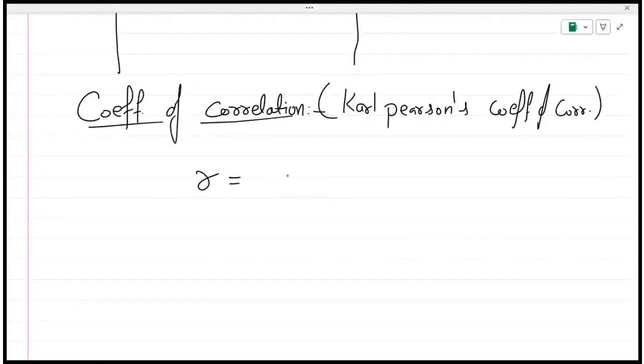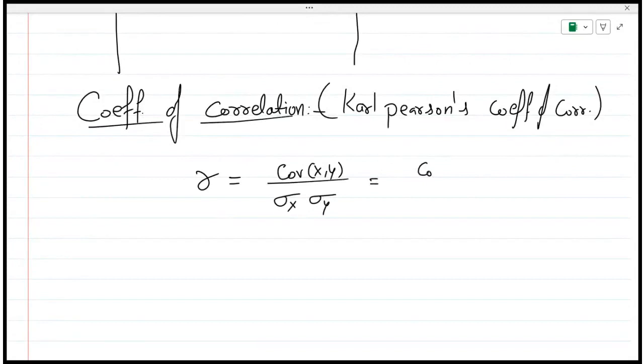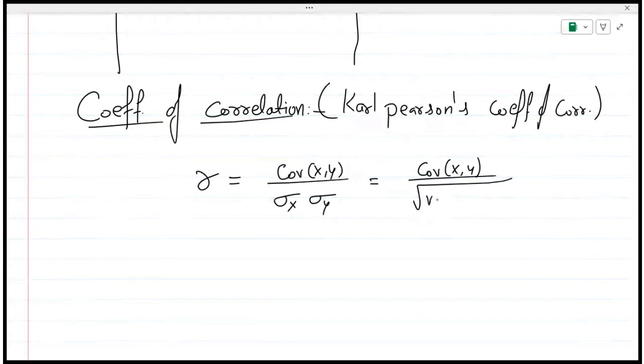And how do we find it? The formula for R is covariance of x, y divided by standard deviation of x into standard deviation of y. Or you can say covariance of xy divided by under root of variance of x into variance of y.